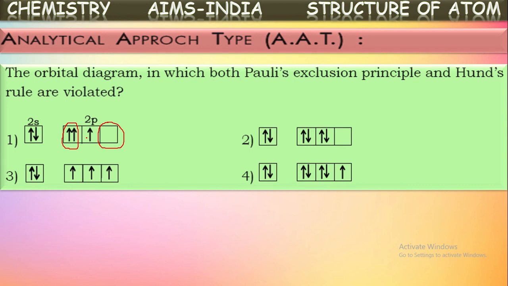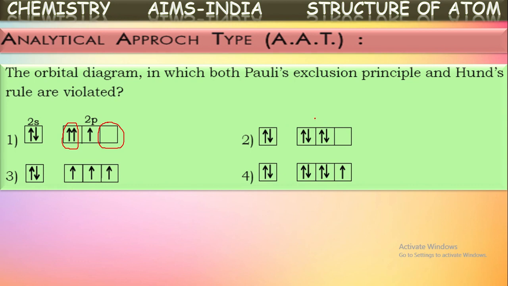What does it state here? If there are three degenerate orbitals, all should be occupied with a single electron first. Then only pairing should take place. But here, without filling this with a single electron, pairing has taken place, which is a violation of Hund's rule. Second one: after filling 2s, electrons entered into 2p. That is correct.